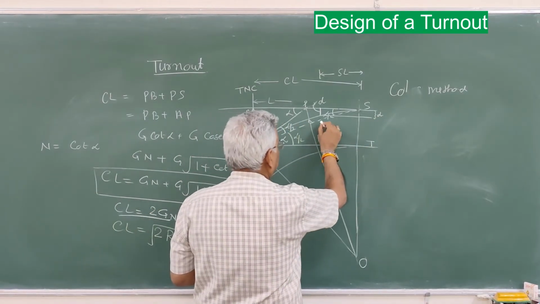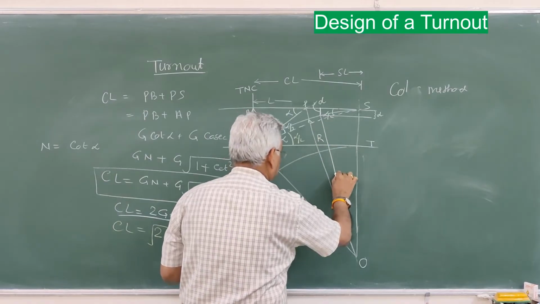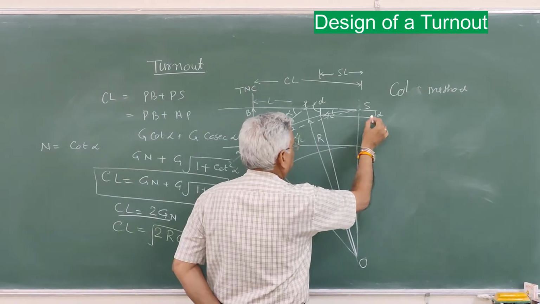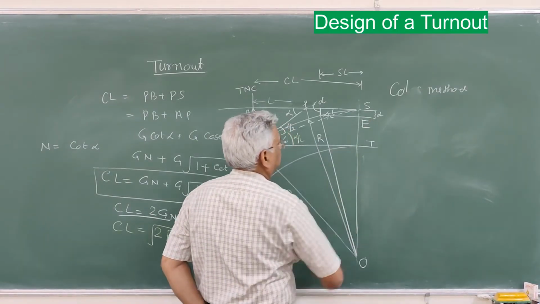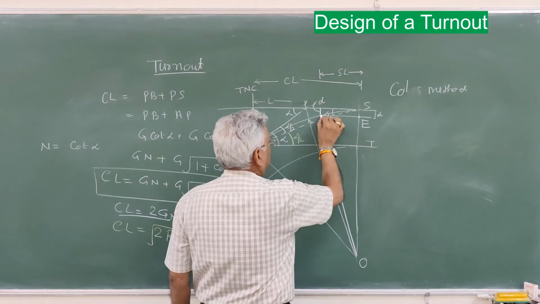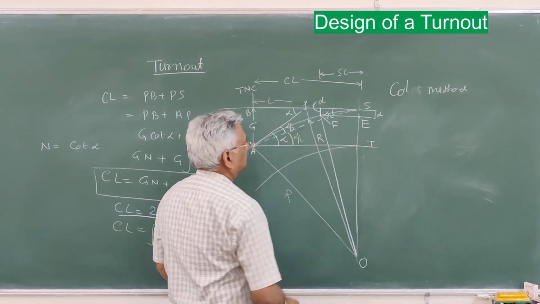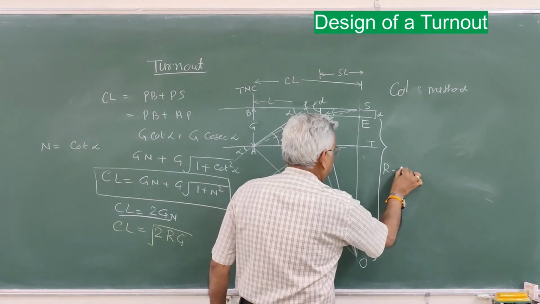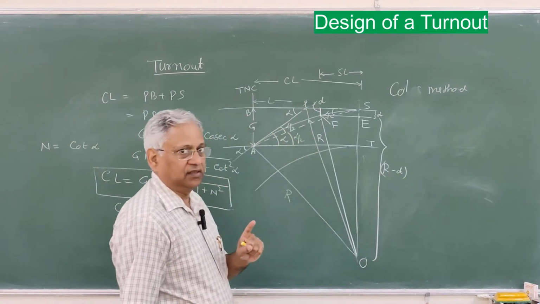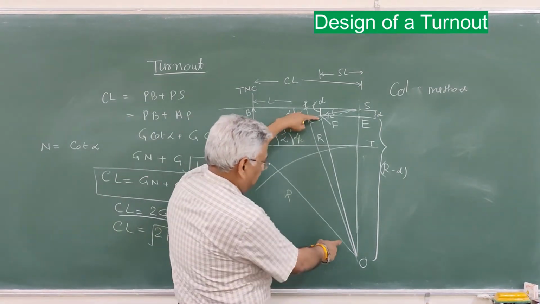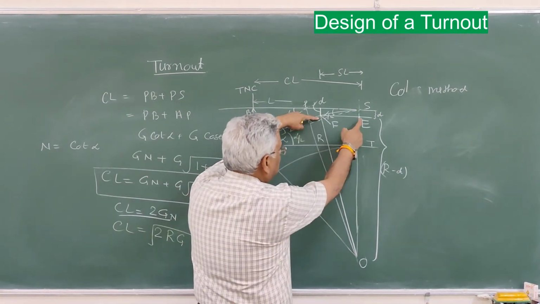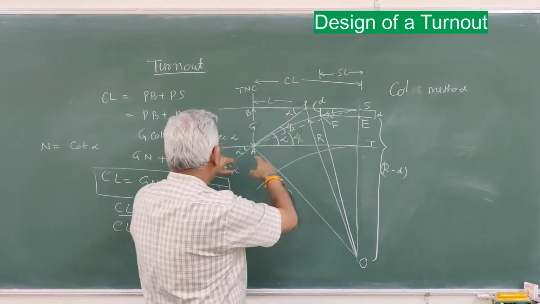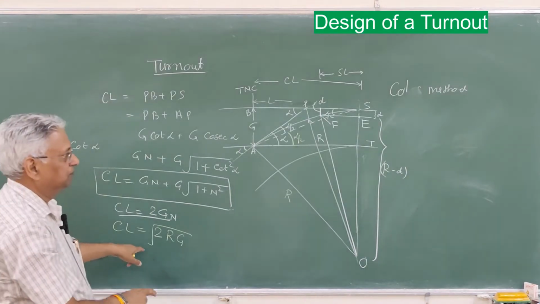So if you consider this part of the triangle now, let us say this point is E, and this point is, let us say, F. This is R minus D. D is heel divergence. This is radius R. And again in this triangle FEO, you can find out what is EF, similar to what you did in case of CL.